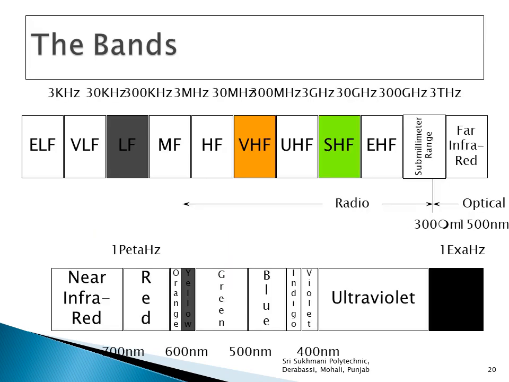Okay. An important part is the band. There are various bands: VLF, very low frequency; medium frequency MF; high frequency HF; very high frequency VHF; ultra high frequency UHF; super high frequency SHF; extra high frequency EHF. After the EHF, the spectrum comes under the IR range, and this is the band which is useful for optical communication.